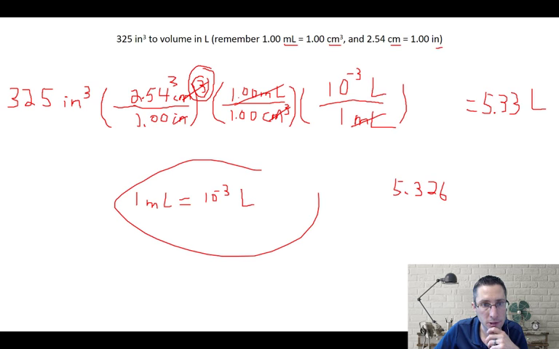So really I should just write this out 3 times rather than the shorthand, but I was going to run out of space. It probably makes more sense, instead of inches cubed, to write out inch times inch times inch. Whenever you see something like inches cubed, that way you can use 3 of those unit factors to cancel out each inch and leave you with centimeters.